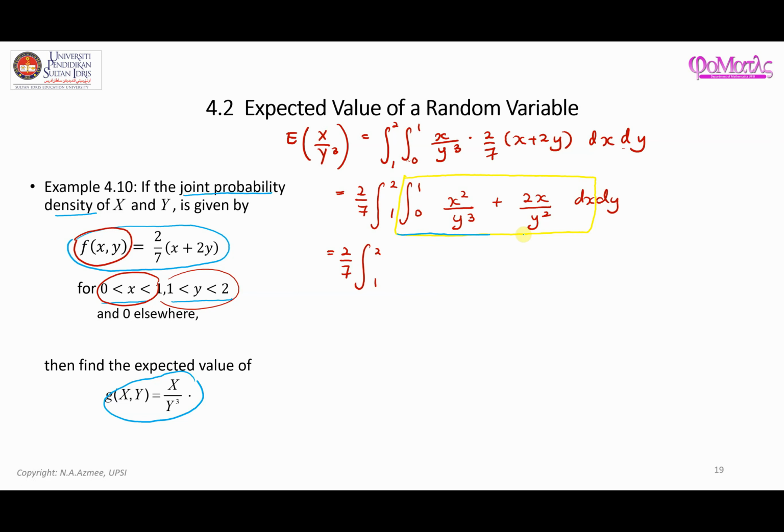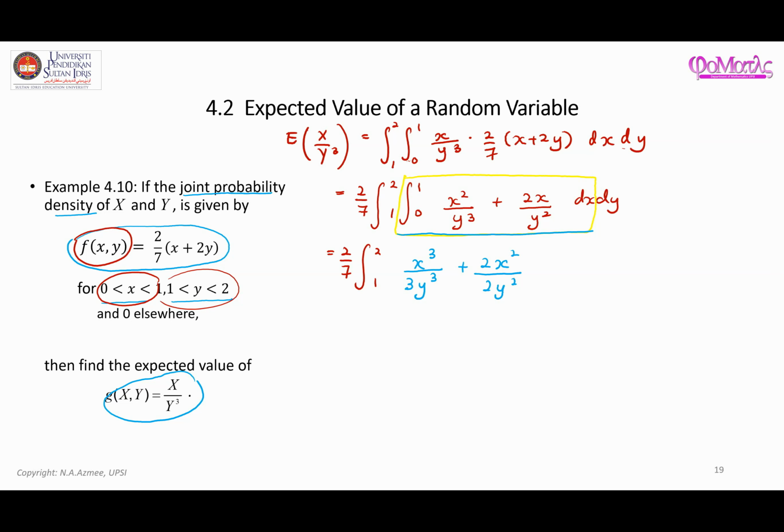Okay, this one. So the result here, if you do it with respect to x, is going to be x cubed over 3y cubed, and then here we're going to have 2x squared over 2y squared.